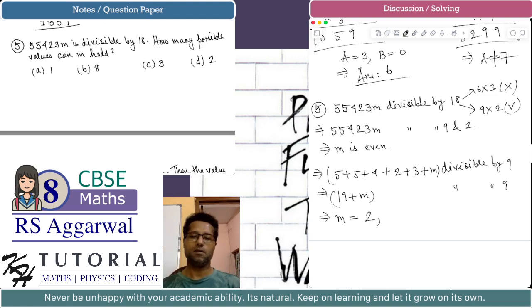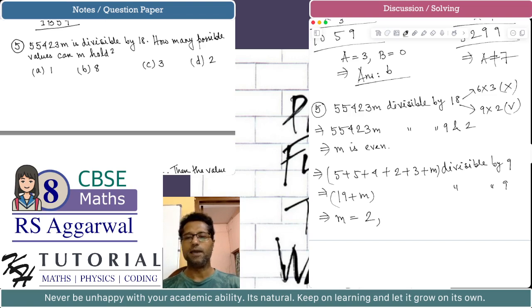The next number after 19 which is divisible by 9 is 27, and so what will be the value of m such that 19 plus m is 27?